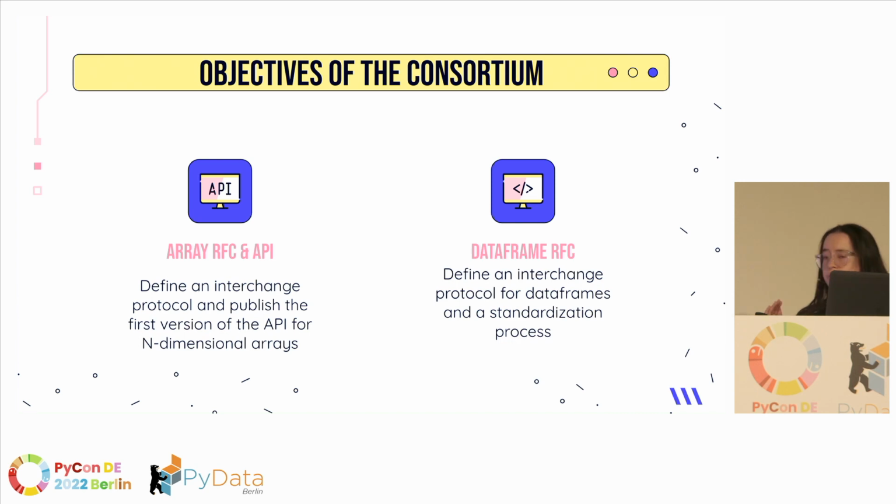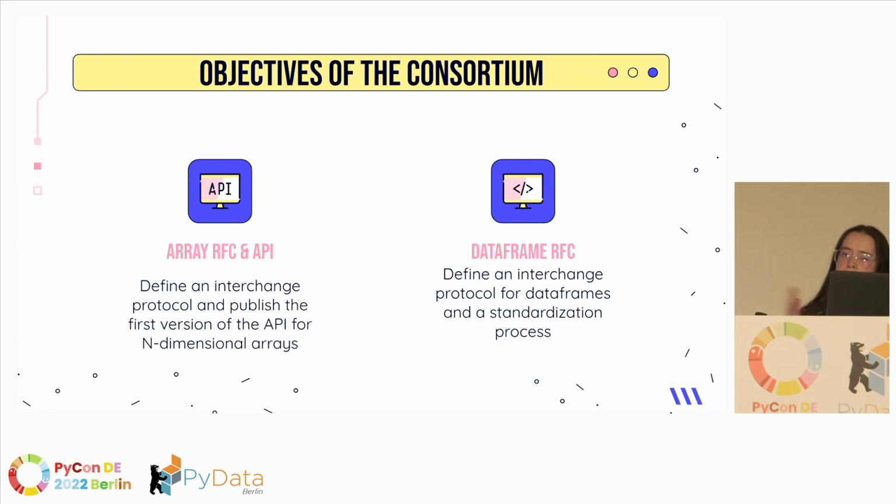During the first year, because we've been working now for a little longer than 1 year, but I'm presenting where we were in January of this year. Basically, we wanted to define an interchange protocol for arrays, meaning that I can change from NumPy to whatever other library you may want, and also have the same in data frames.